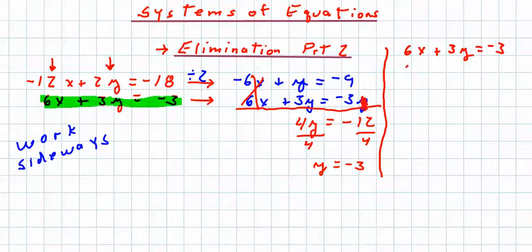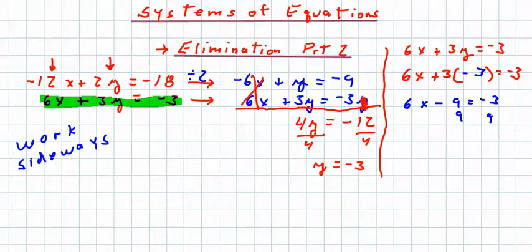So we have 6 times whatever x is, plus 3 times whatever y is, equals negative 3. Y we found out was negative 3. So we have 6x minus 9 equals negative 3.